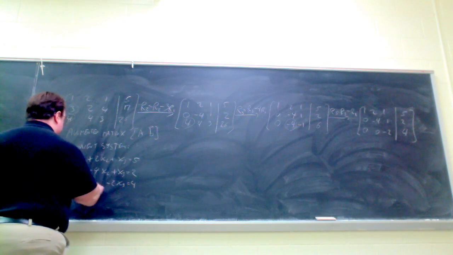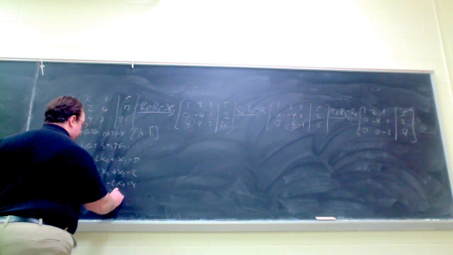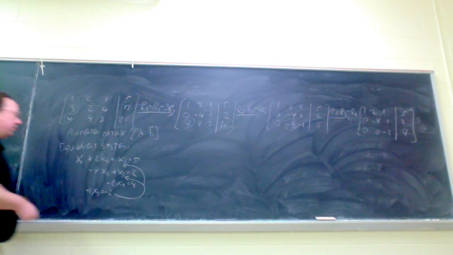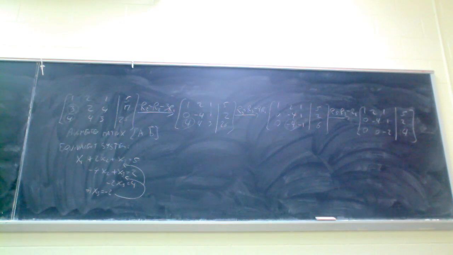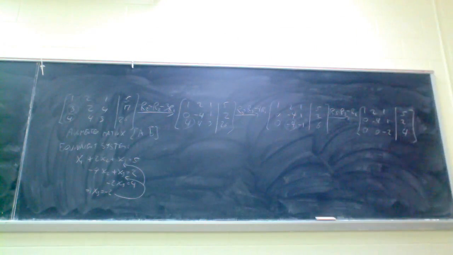So we see right off the bat that x3 is equal to minus 2, and then you can use that in your equations, solve for x2, and then x1, and that's it. So this is how you proceeded, no doubt, in your first linear algebra course.